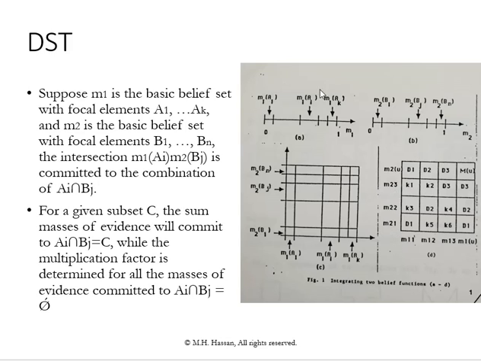Those have to add up to 1. So m21, m22, m23 plus m2U will be equal to 1. m11 plus m12, m13 plus m1U will be equal to 1. So this will be contributing to hypothesis D1, and m11 multiplied by m2U also contributes to D1.